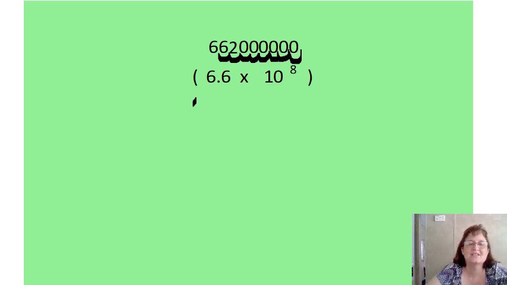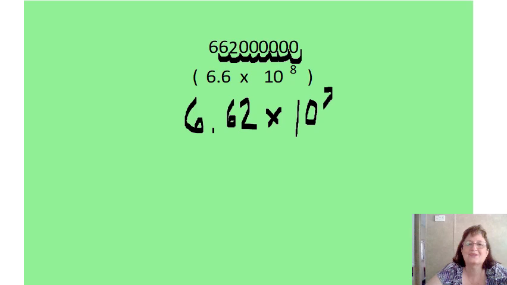So our answer is 6.62 times 10 to the 8th power. Even though we have three numbers here, 6, 6, and 2, you still move the decimal point over between the first and the second number.